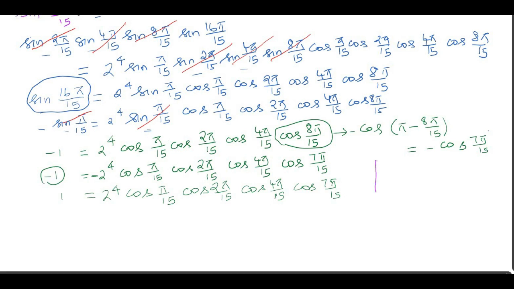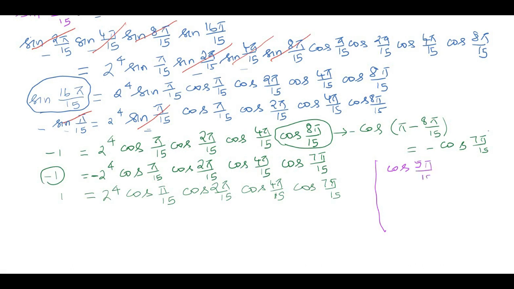Also, we know that cos 5 pi by 15 is equal to, you can cancel this 5 with this 15, you will have 3. So this is cos pi by 3. Cos pi by 3 we know that is half.